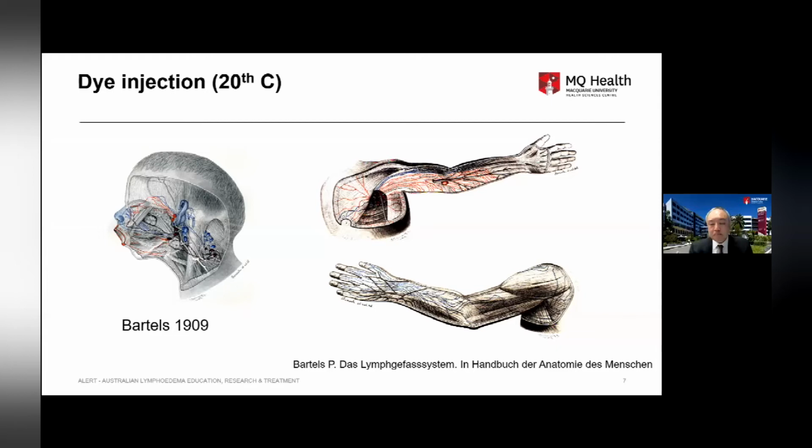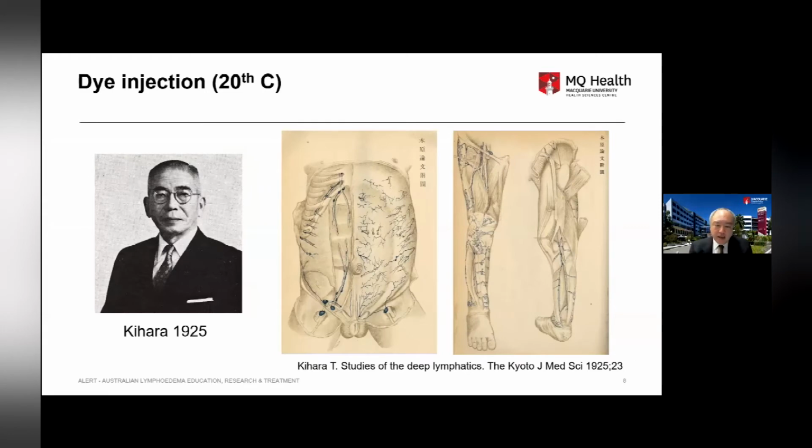It's not like an adult. Using the dye injection method, Professor Kihara in Japan also investigated the deep lymphatic system extensively. So people already knew the difference between the superficial system and the deep lymphatic system in the early 20th century.